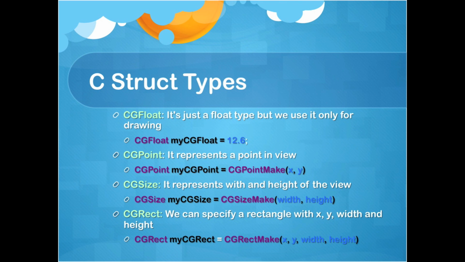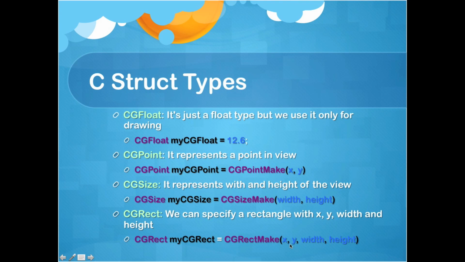We have CGRect, and we can specify x, y, width and height, and it specifies a rectangle for us with this method, CGRectMake. It takes 4 arguments, which are x, y, width, height, and all of these should be of type CGFloat.